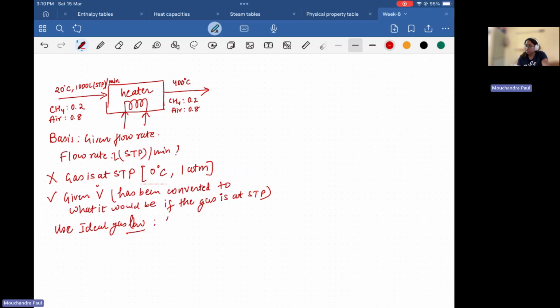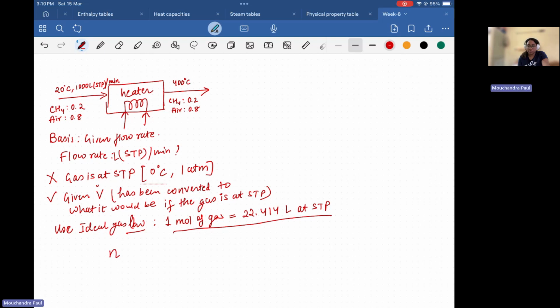According to this, 1 mole of gas occupies 22.41 liter at STP. If we use this conversion, then we will get the actual volumetric flow rate.